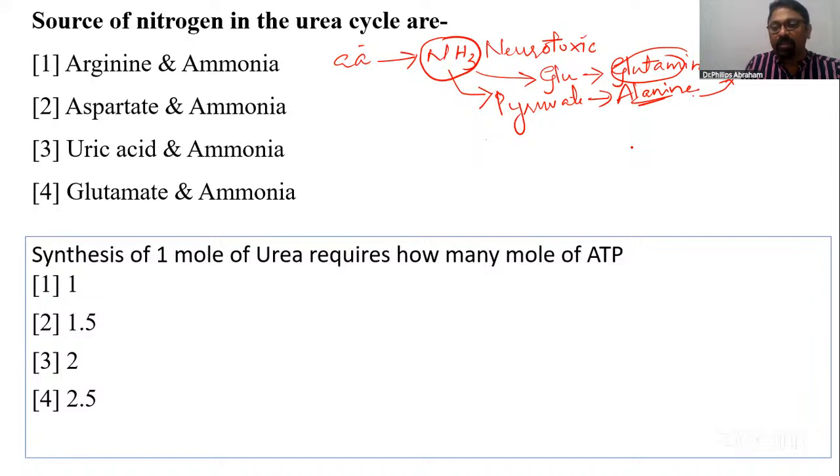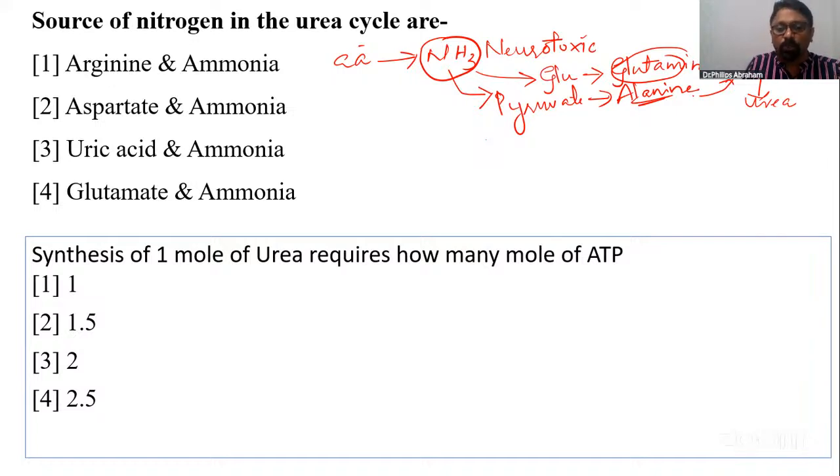In the liver, this ammonia is converted to urea. So the first point: the urea cycle takes place in the liver. Second, the urea cycle is to detoxify ammonia. As soon as glutamine and alanine come into the liver, they convert back to ammonia and glutamic acid, with the help of the enzyme glutaminase.